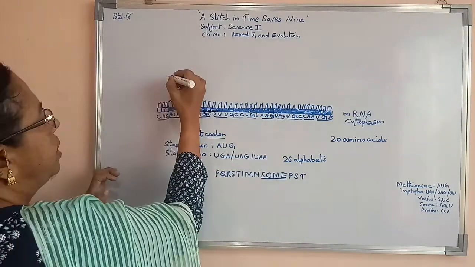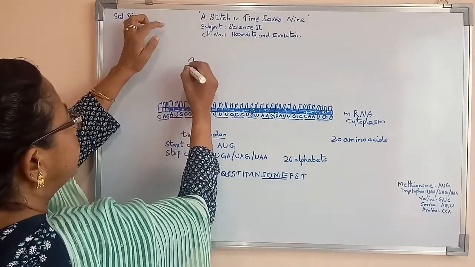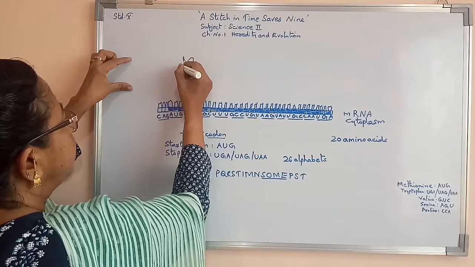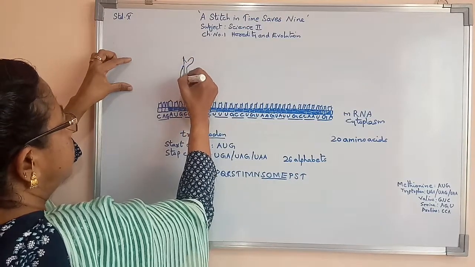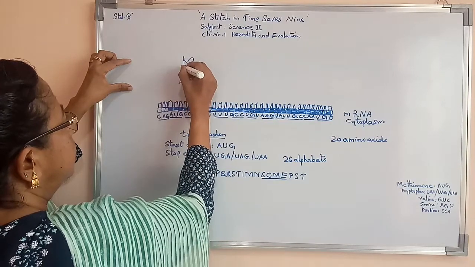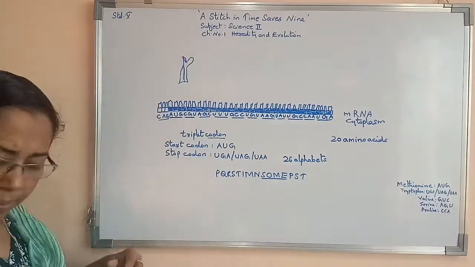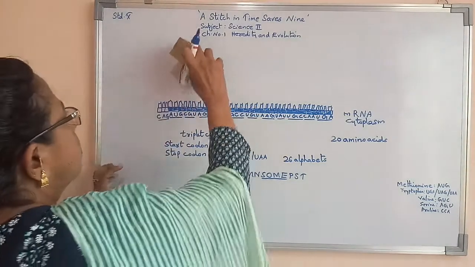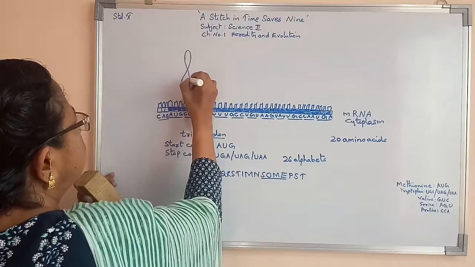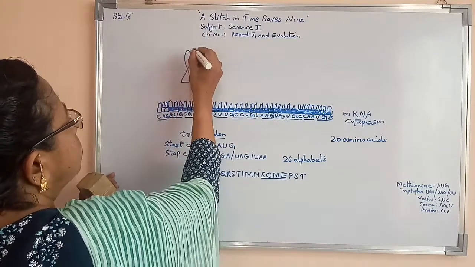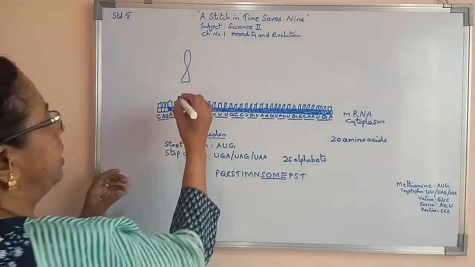Transfer RNA has almost such a structure, a special structure. I am making it now. Approximately such a structure will be there.